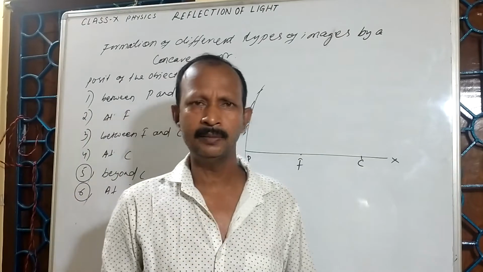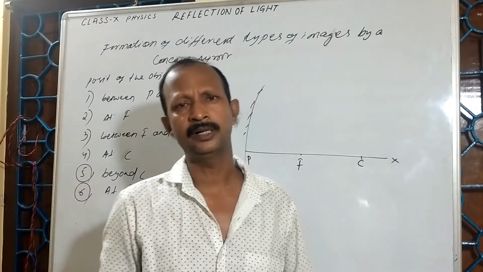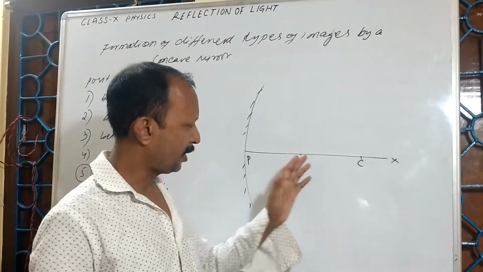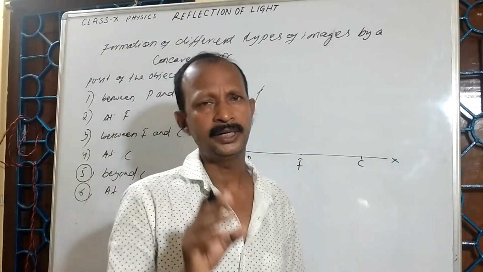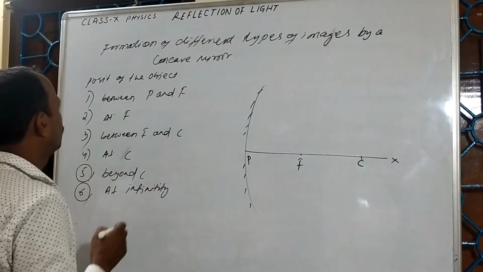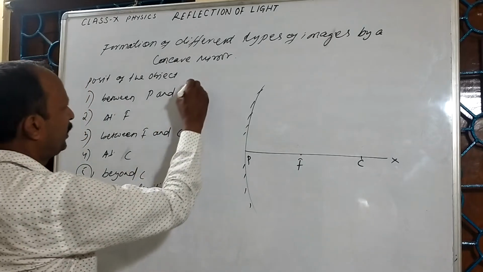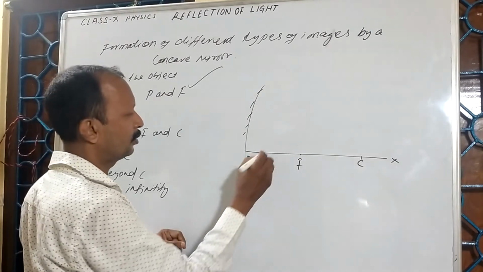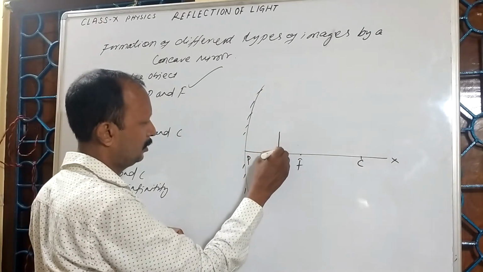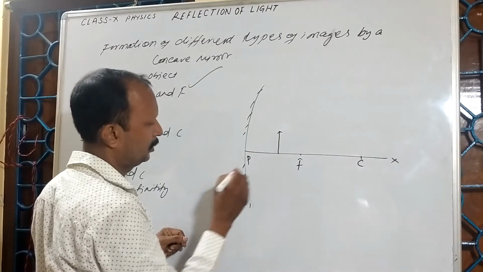One is the point object, one is the extended object. So throughout my diagram I shall use the extended object. First one is the object between pole and focus. This is the pole, this is the focus. For example, this is the position of the object.